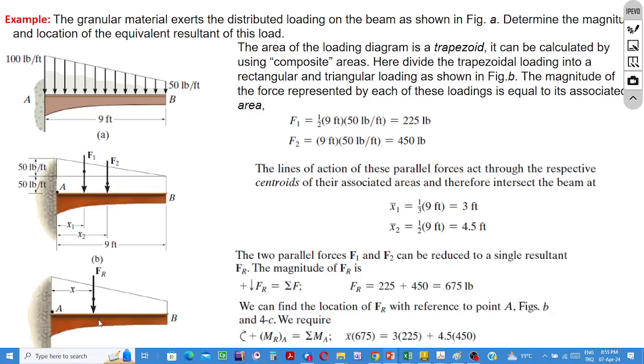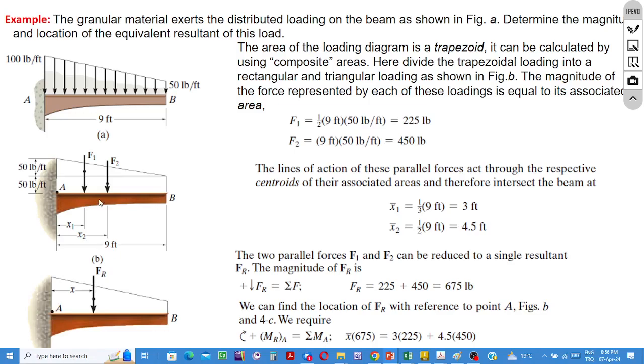And then, the resultant of the distributed load is obviously the sum of F1 and F2. F1 plus F2 is F resultant.